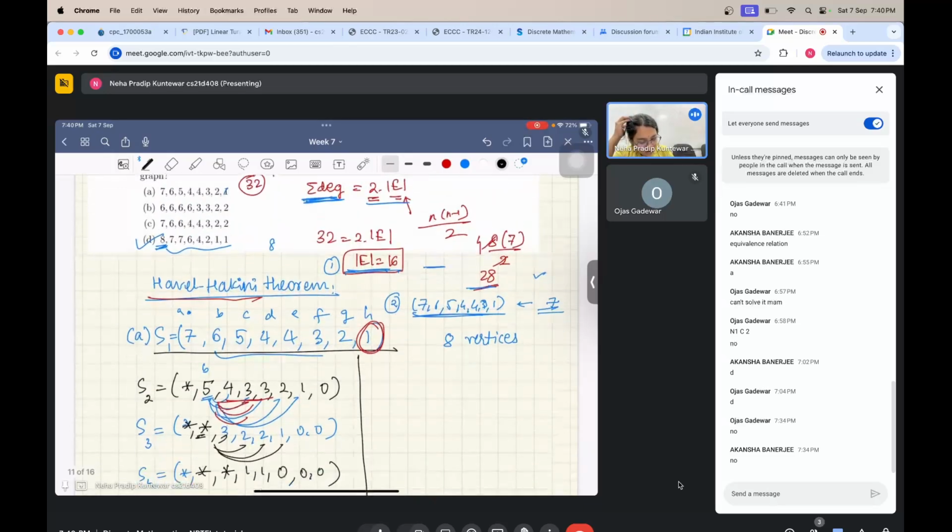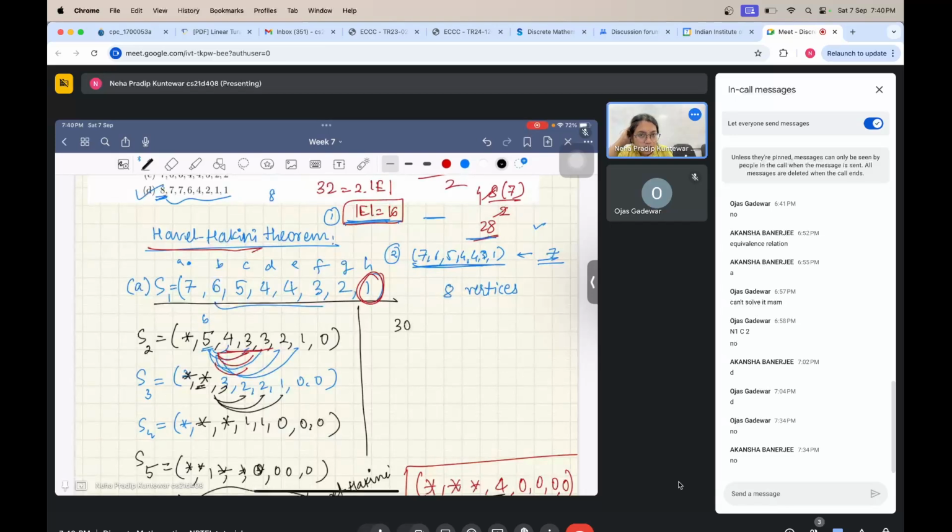I think that should be 30. So 30 is equal to 2 times the number of edges, so the number of edges is 15. And what is the total number of edges I'm allowed right now? That is 7 into 6 by 2, which is 21. Again 15 is less than or equal to 21, so I'm good again.